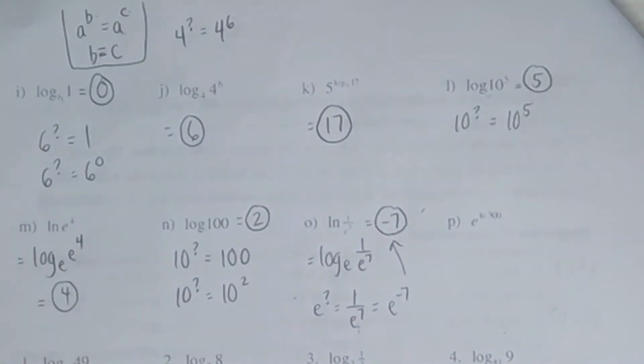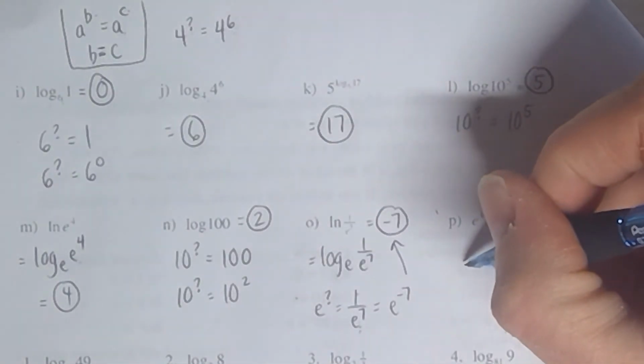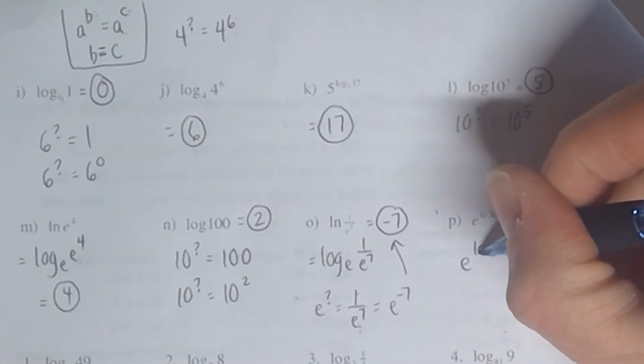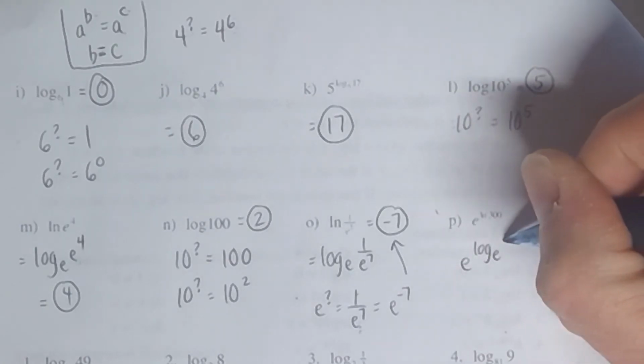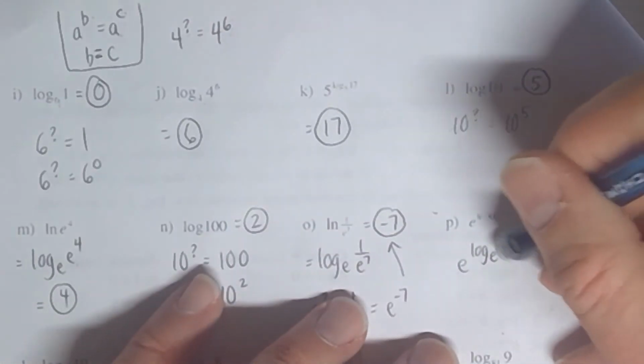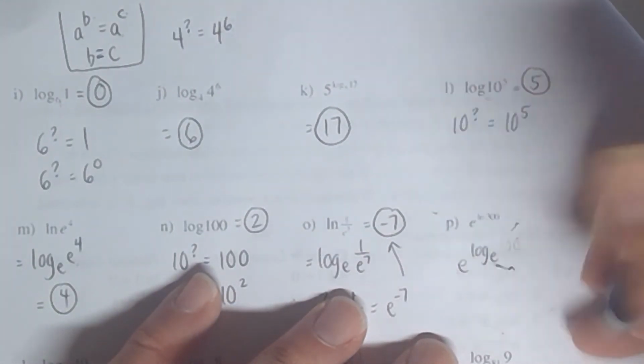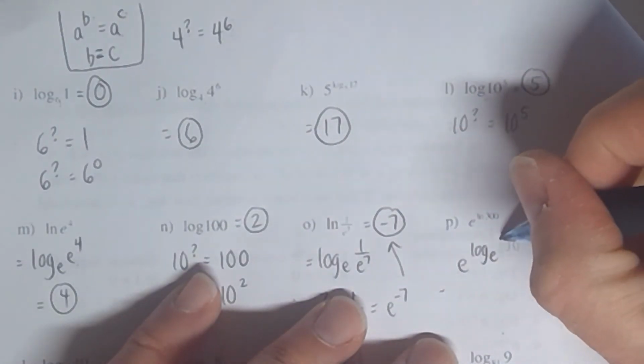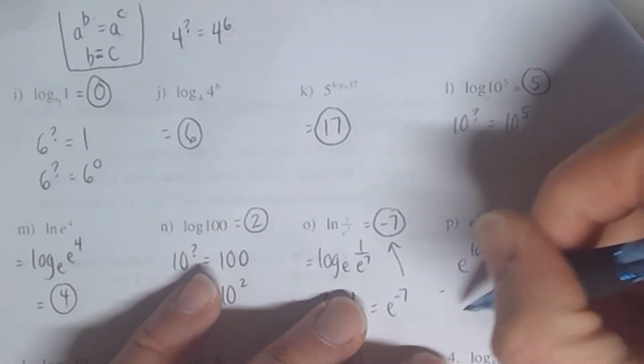Okay. And finally here, again, you don't have to write this down, but just to emphasize it, since we're learning this for the first time, ln of 300 is, and I'm sorry, I wrote down 100 by accident. ln of 300 is the same thing as log base e of 300.